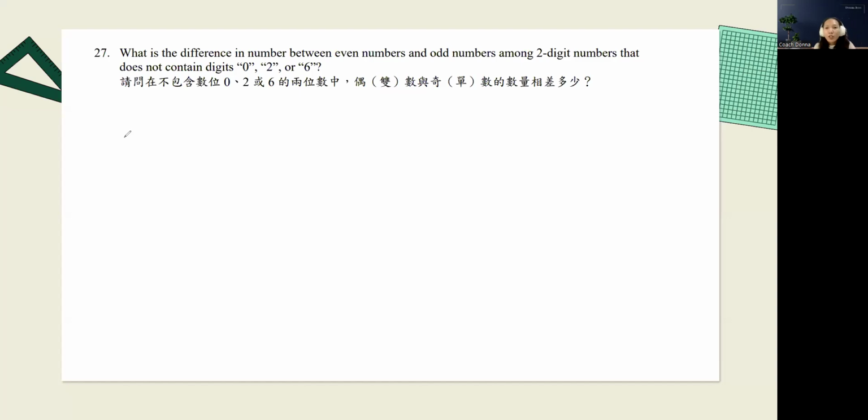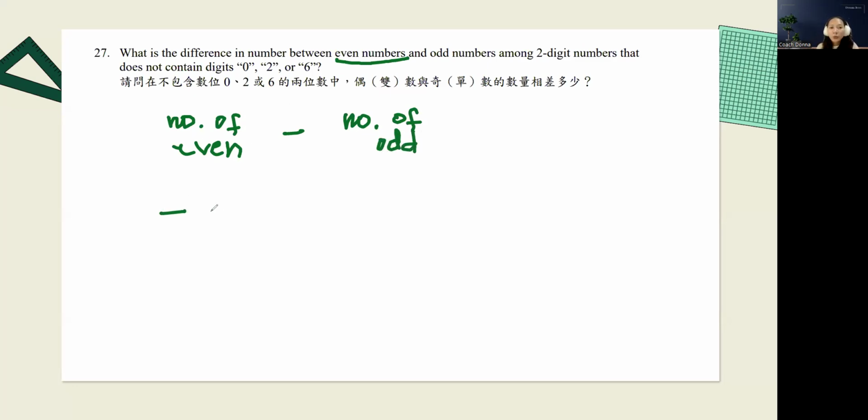So the difference is the number of even minus the number of odd.